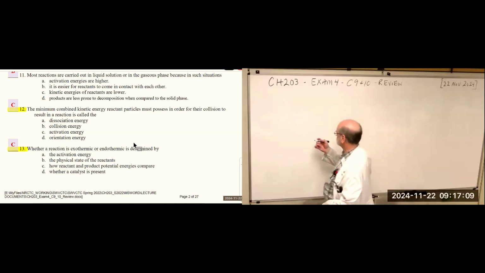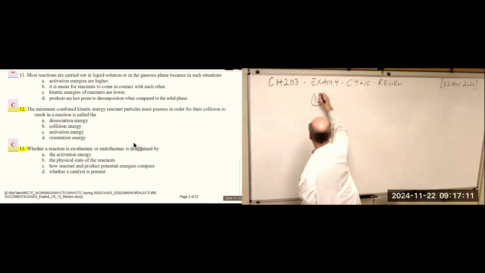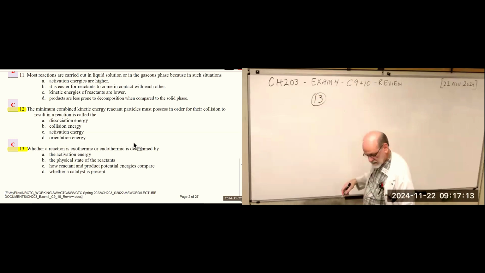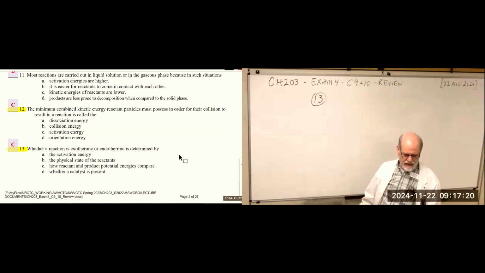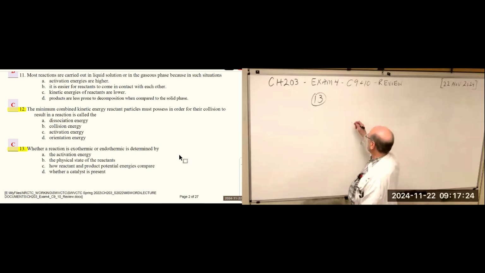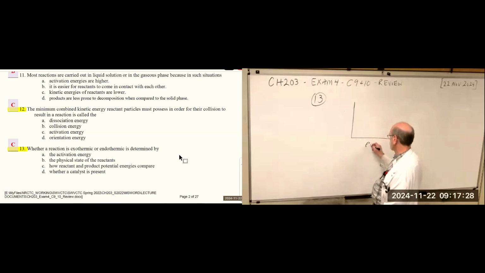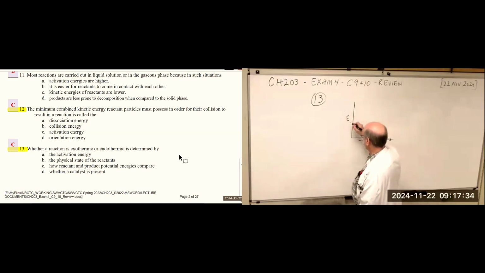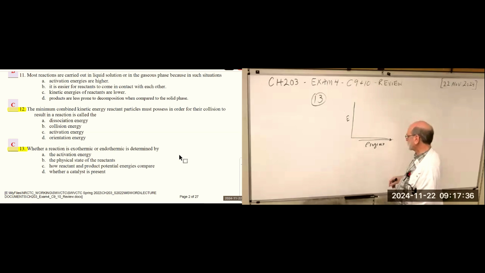All right, 13. Whether a reaction is exothermic or endothermic is determined by. All right, if we look at the progress of a reaction going this way, and the energy of all its components.